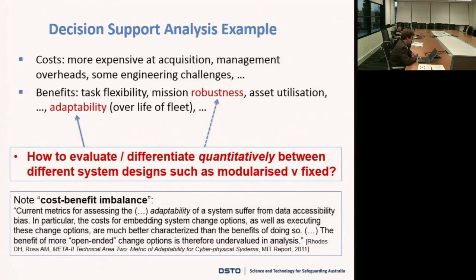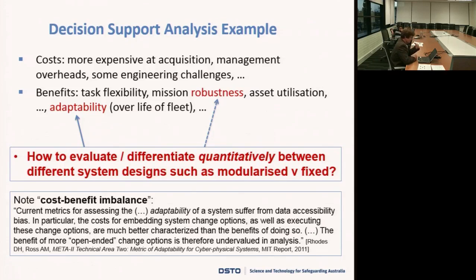In particular, how to evaluate or differentiate quantitatively between different such design options, namely fixed versus modularized, and make really quantitative conclusions with respect to the benefits or the costs that a modularization concept would provide.